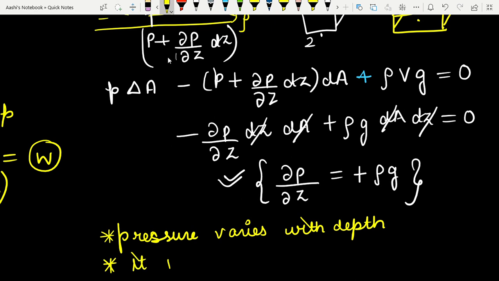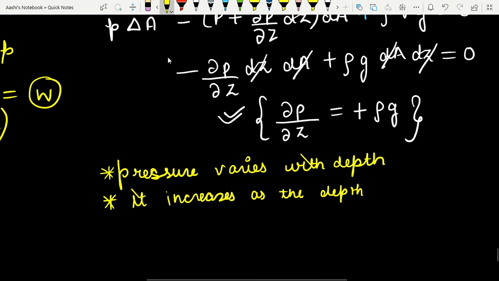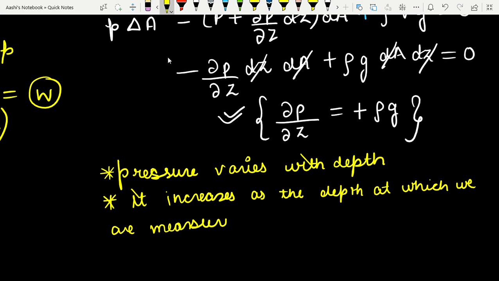It increases as the depth at which we are measuring increases. Pressure increases.